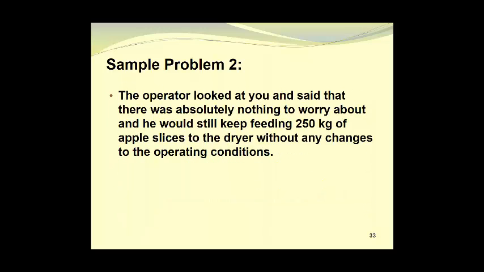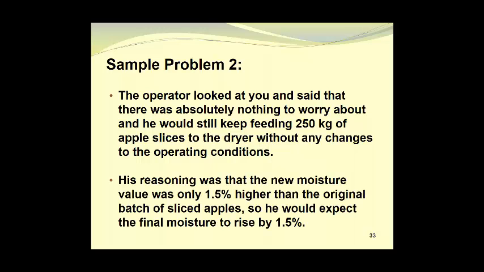The operator looked at you and said there was absolutely nothing to worry about, and he would still keep feeding 250 kilograms per hour of apple slices to the dryer without any changes to the operating conditions. His reasoning was that the new moisture value was only 1.5% higher than the original batch of sliced apples, so he would expect the final moisture to rise by 1.5% as well.